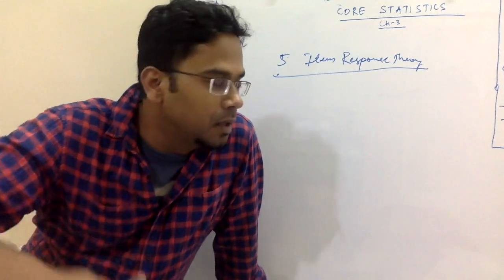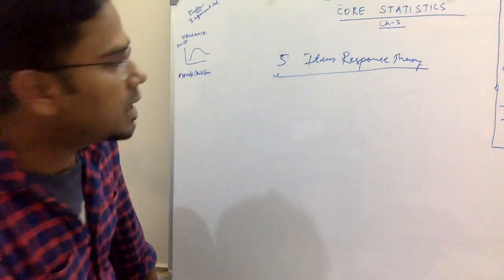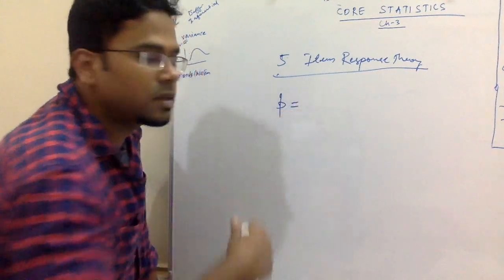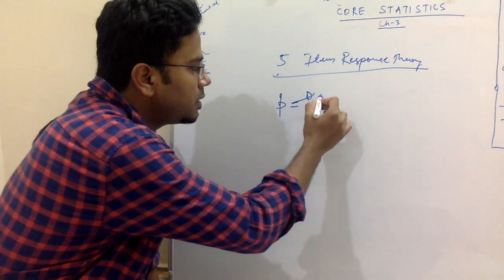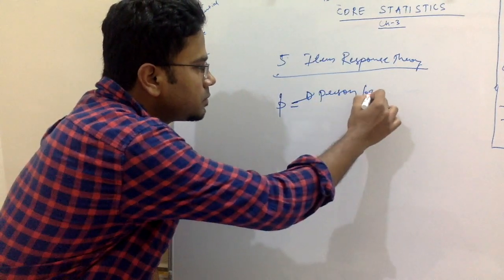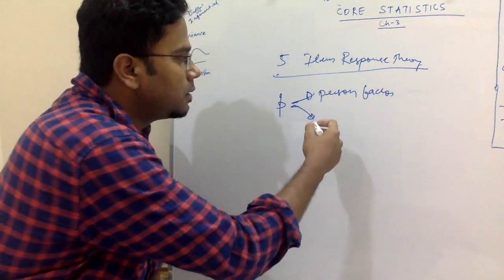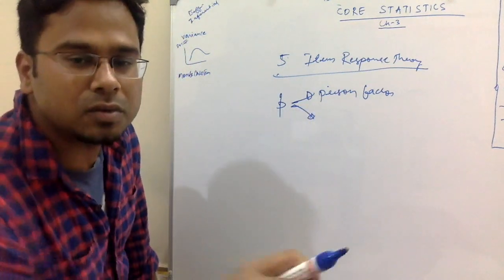Item response theory assumes that the probability of the answer being correct depends on 2 factors. One is the person factor, or individual factors, you can also call it.